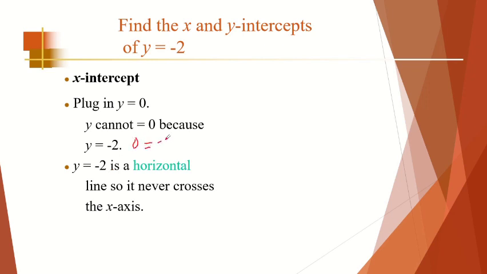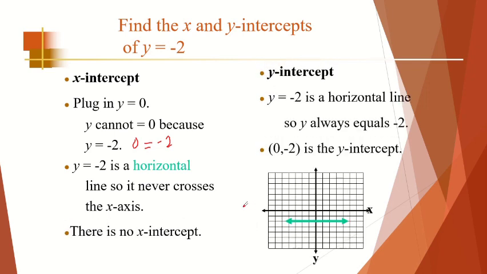Where is the variable? We have no x variable. So, y equals negative 2 is a horizontal line, so it never crosses the x-axis. You will not see it intersecting any line of your x-axis.